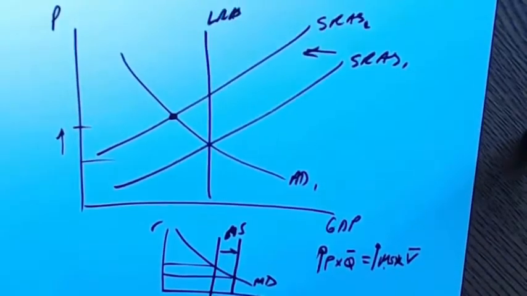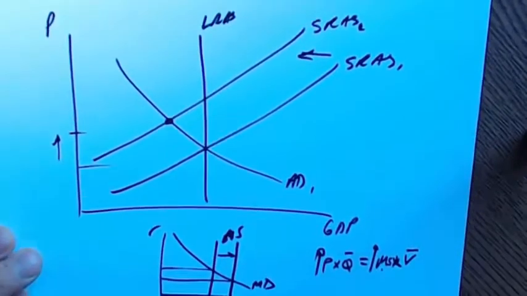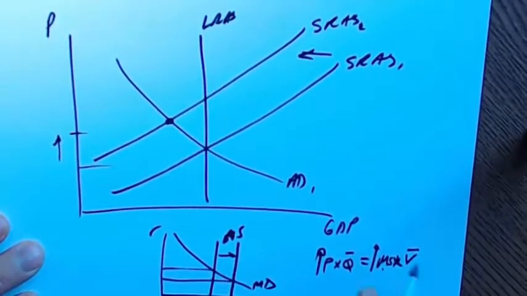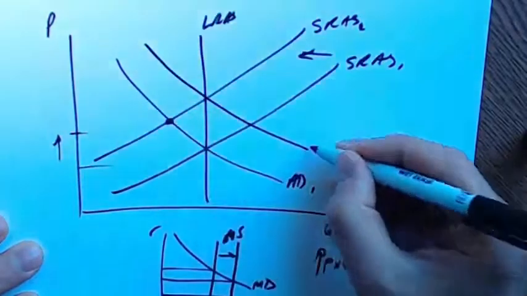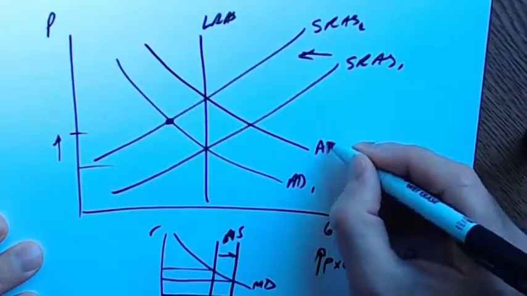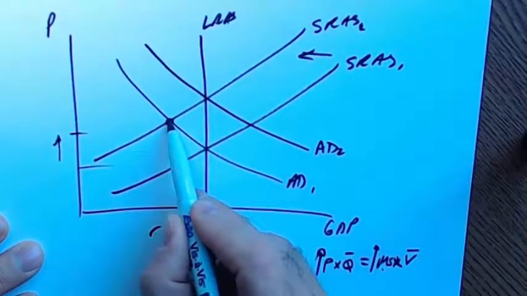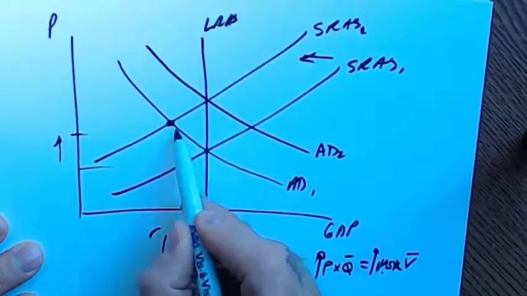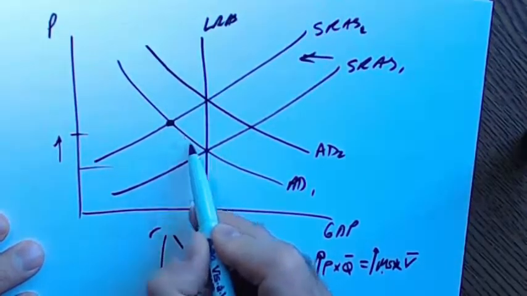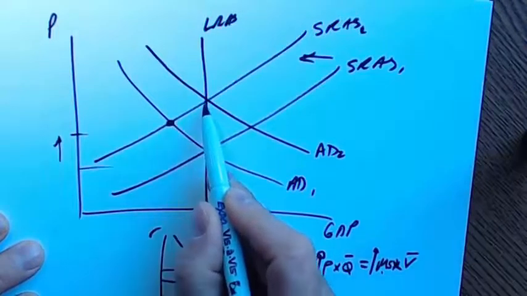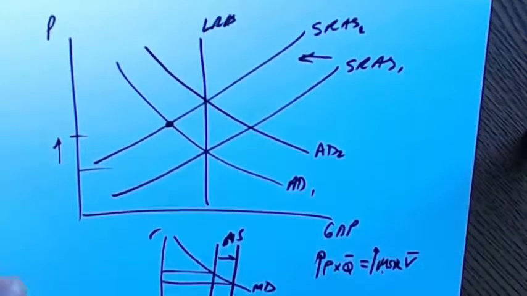So what happens is the Fed does an expansionary monetary policy, brings interest rates down, the aggregate demand curve comes up. And so we have inflation. Now inflation caused by OPEC or oil prices going up. Now we have inflation due to monetary policy.